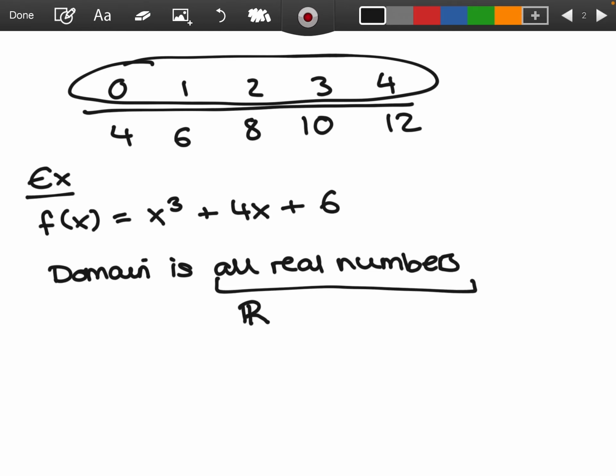Whenever we say all real numbers, you can write either R with a double line at the front, which represents all real numbers, or in set notation, negative infinity to infinity, with rounded parentheses around it, not square brackets.